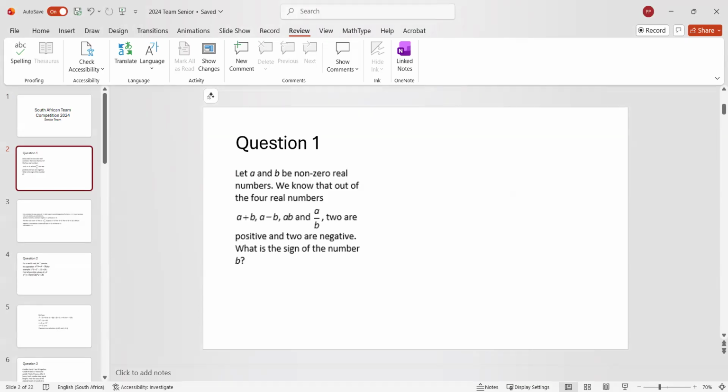We know that out of the 4 real numbers, A plus B, A minus B, that's the sum and the difference of those 2 numbers, and AB and A over B, which is the product and the quotient, 2 are positive and 2 are negative. The question is, what is the sign of the number B? In other words, is it positive or is it negative?